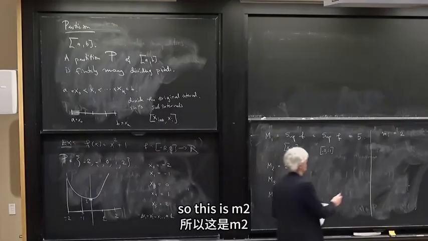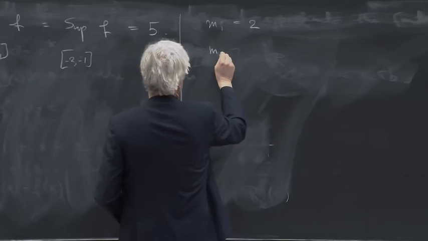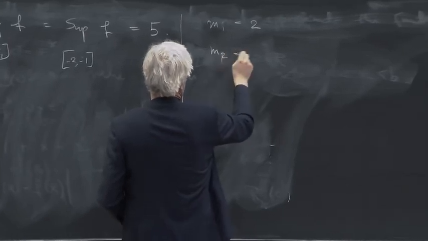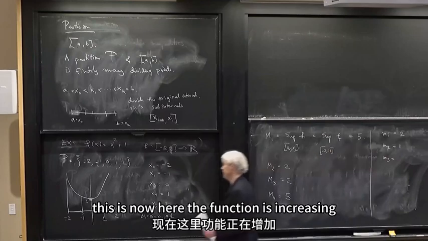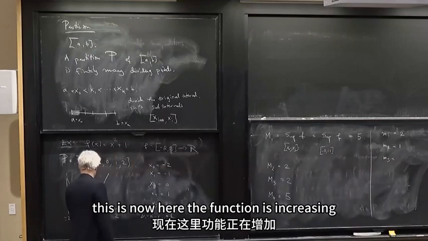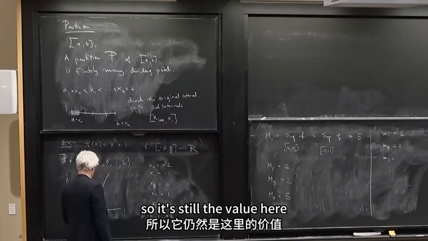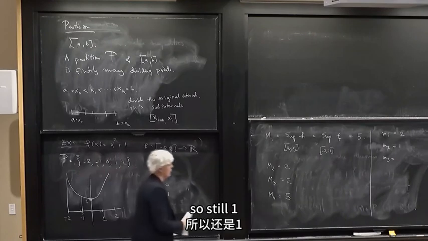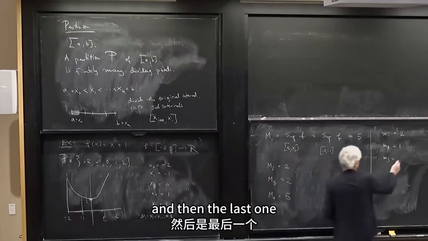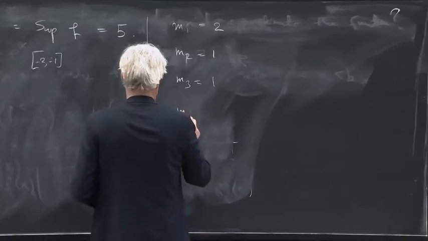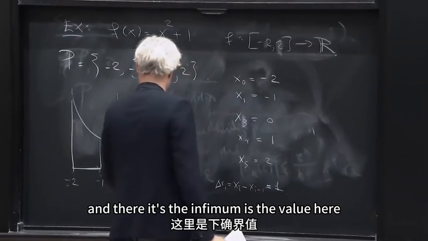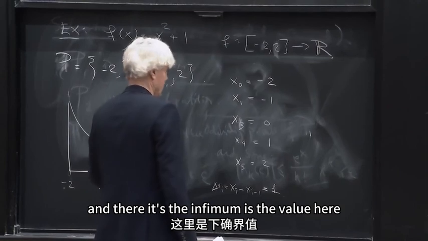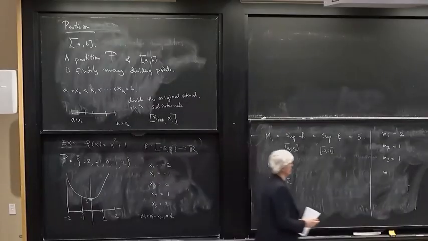That's m2. And then m3: here the function is increasing, so it's still 1. And the last one is between 1 and 2, and there the infimum is the value here, so that's 2. Fine.